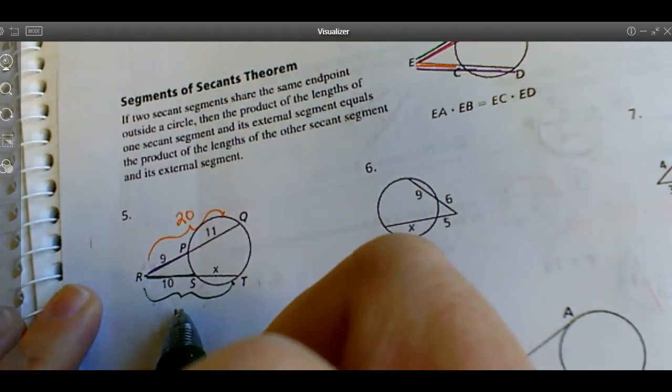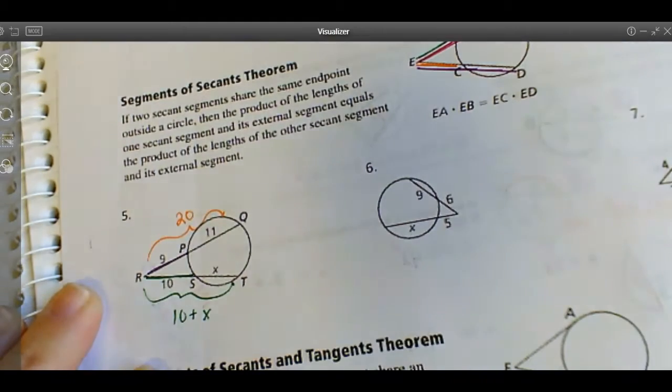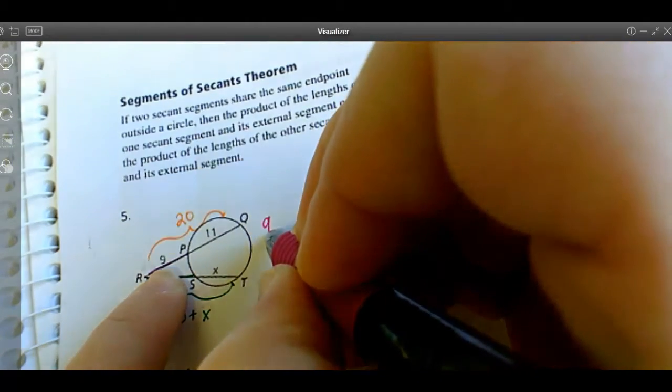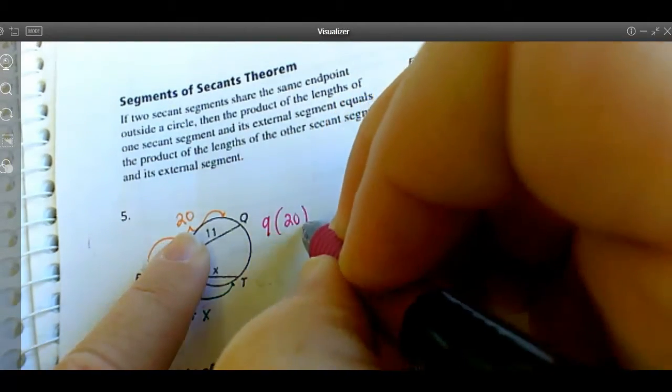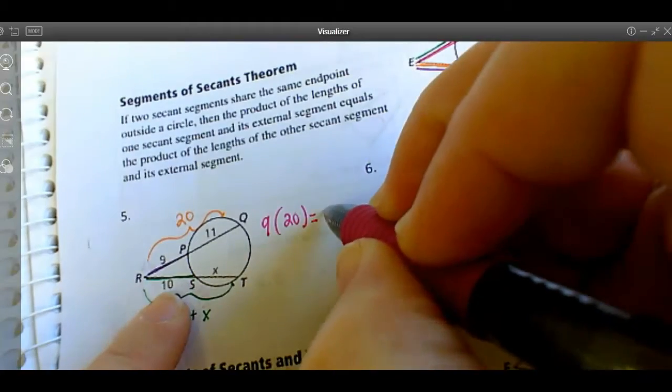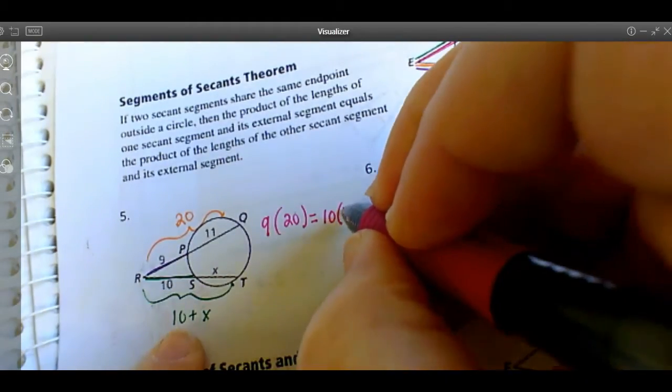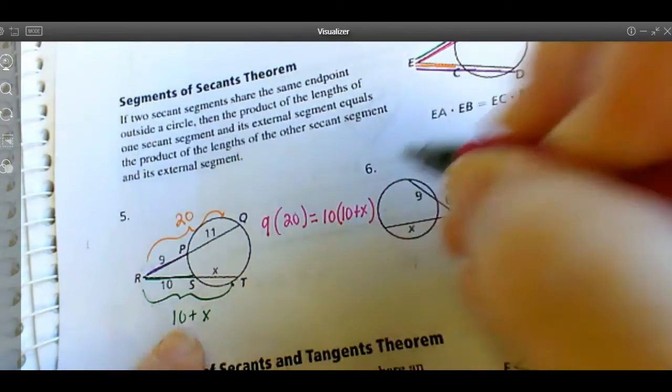The whole side is 10 plus x. Okay, so here's how we set it up. We take the short, or the part outside, multiply it by the whole side, set it equal to the part outside, multiplied by the whole side.